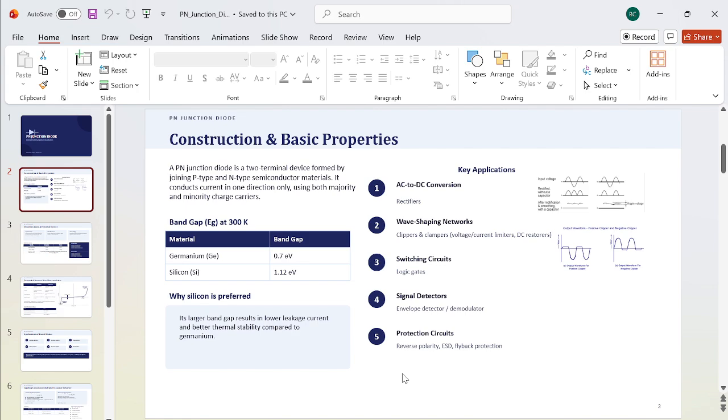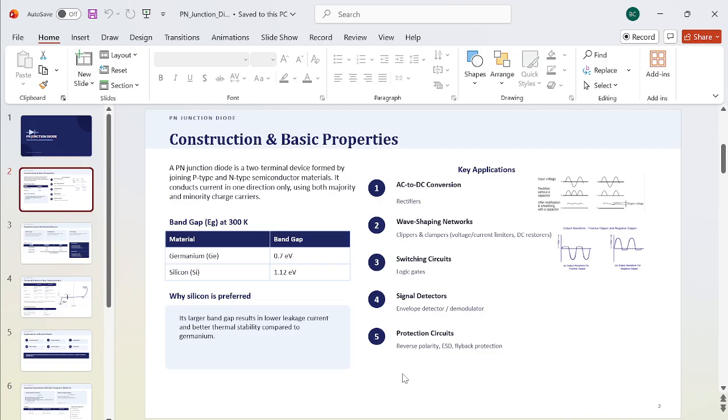So leakage current in silicon devices is of the order of nanoamperes, whereas in germanium it is up to the order of microamperes. So the leakage current is 1000 times higher in a germanium PN junction diode compared to a silicon PN junction diode.